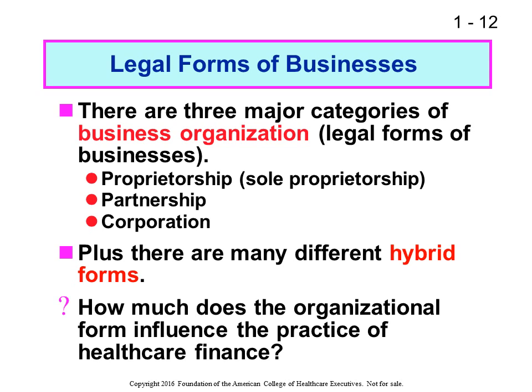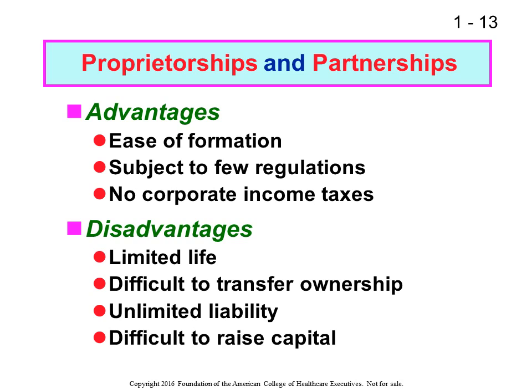Okay, so let's look at slide number 13. What are some advantages and disadvantages of being individually owned versus being with another individual or two more individuals? One of the advantages of being either is the ease of formation and the regulations.